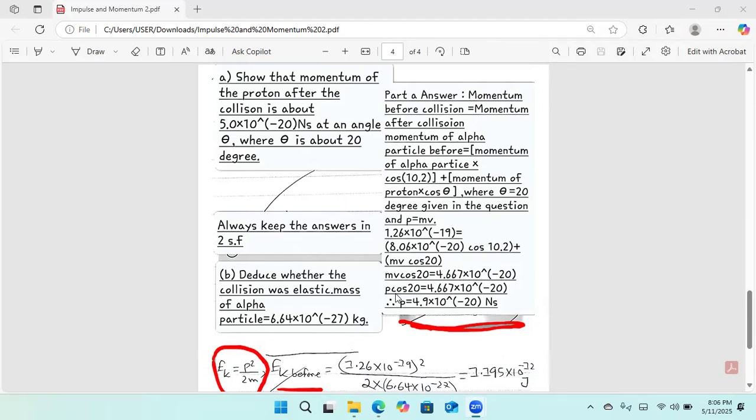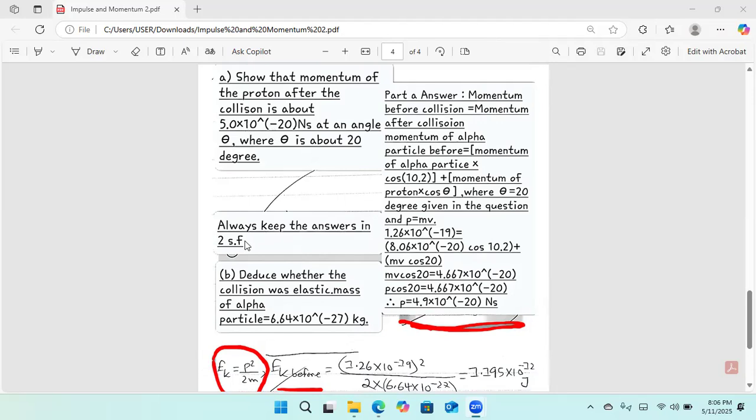P equals mv, so P cos 20 equals 4.667 × 10^-20. P equals 4.9 × 10^-20 Ns, which is close to this value.